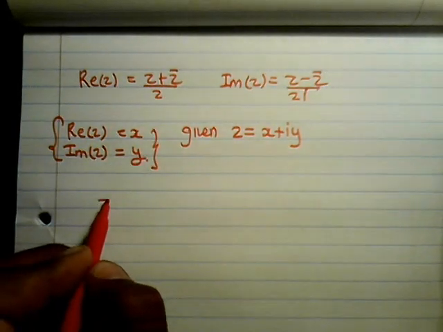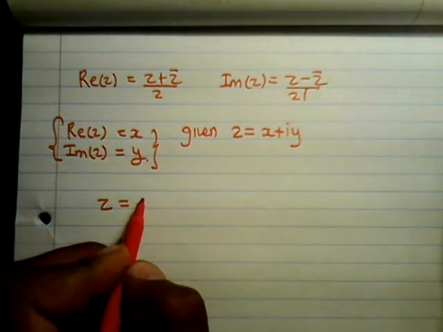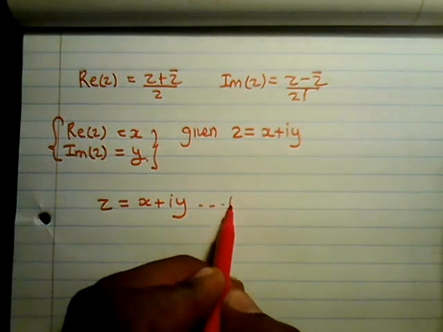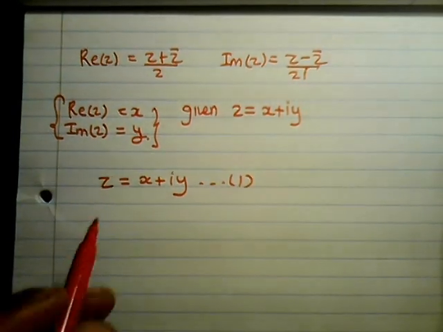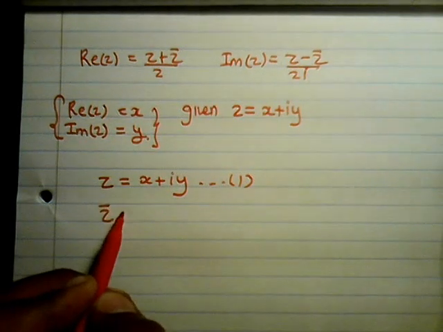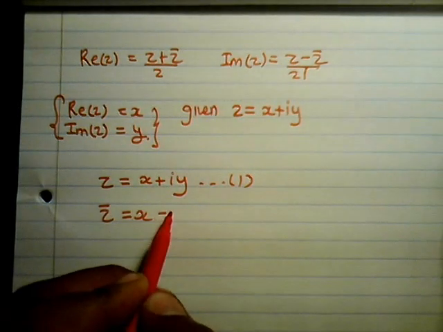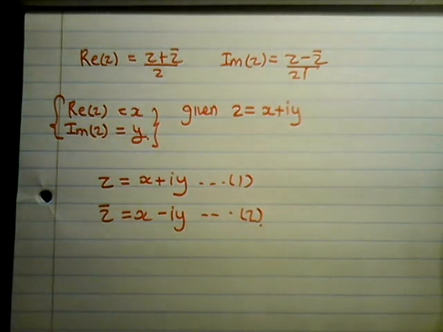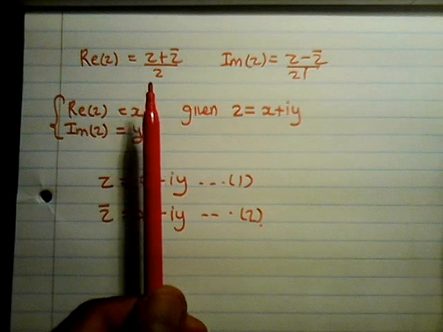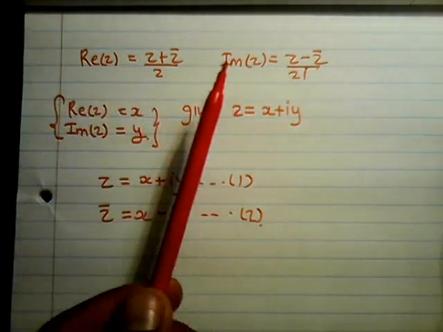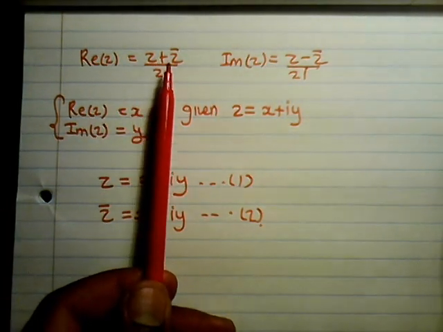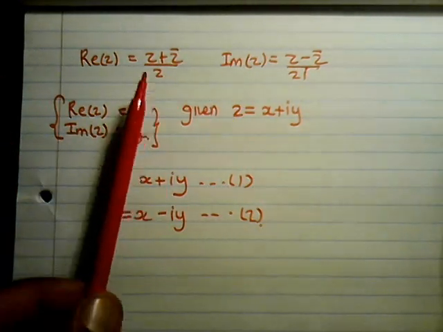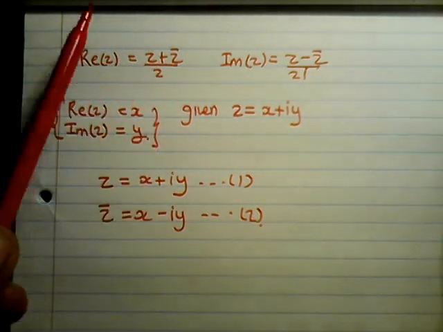For Z, we have Z is equal to X plus iY, and let's call this equation number one. And then Z bar is equal to X minus iY. Let's call this equation number two. Okay, now we realize that somewhere here Z has been added to Z bar, and we do not have the imaginary part.